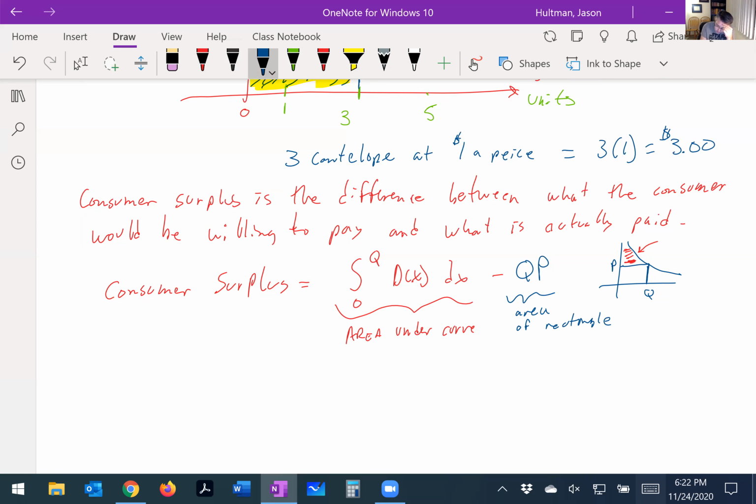This is the difference between what was willing to be paid and what is actually paid.